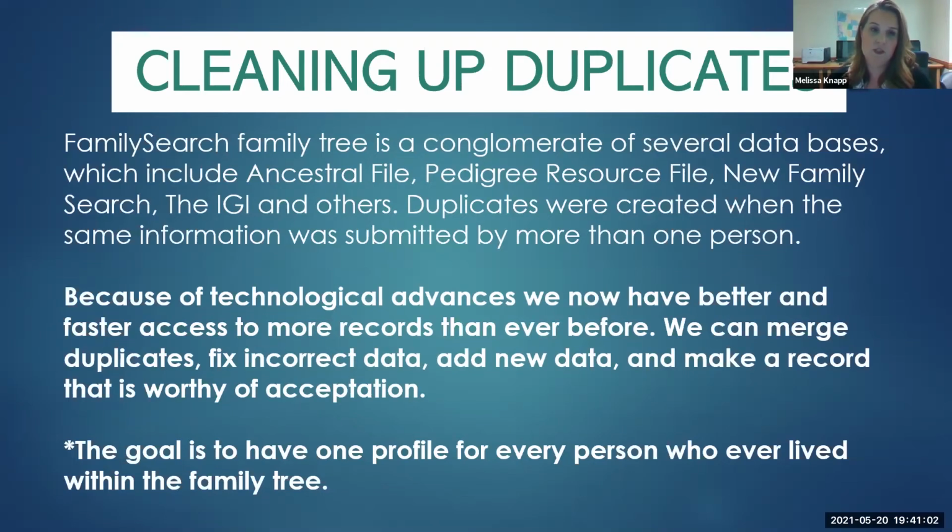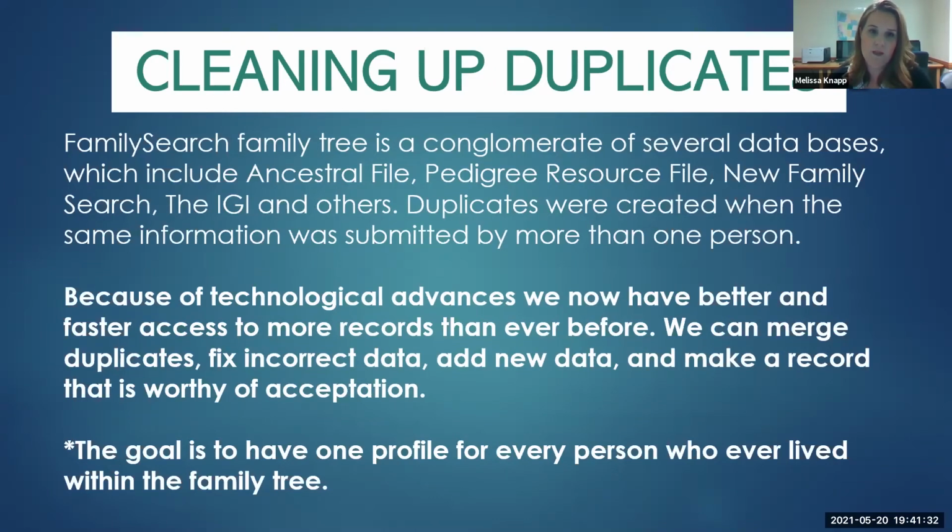But when FamilySearch's family tree was initially created, it had a combination of several resources that made up the initial tree. It was a conglomerate of several databases, such as the Ancestral File, Pedigree Resource File, New FamilySearch, the IGI, and many others, other pedigrees and things like that. So there were oftentimes duplicates for people.